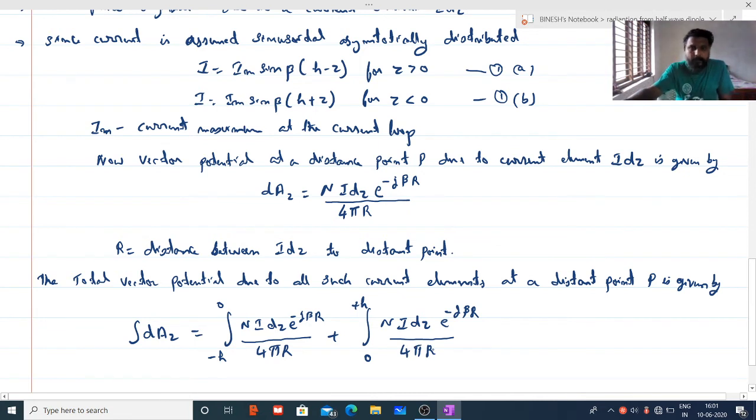This is the total vector potential produced at a distant point P.